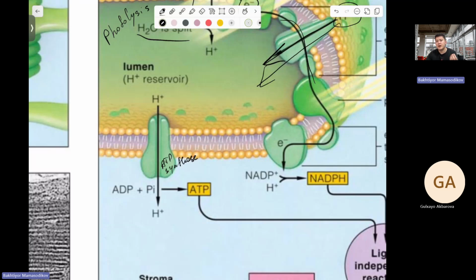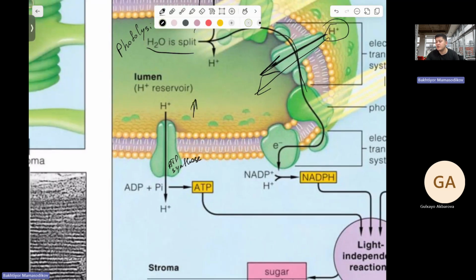Protons in the lumen rush back into the stroma through facilitated diffusion, because there is a high concentration of protons inside. They rush outside through the enzyme called ATP synthase, okay?